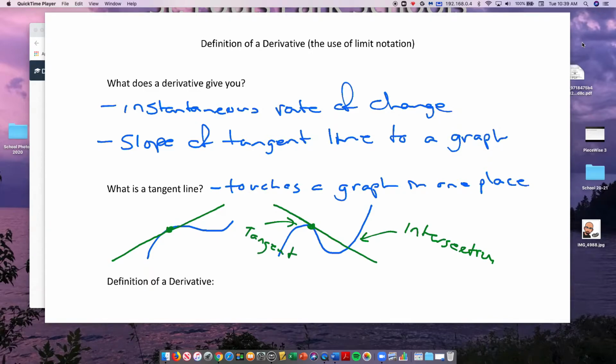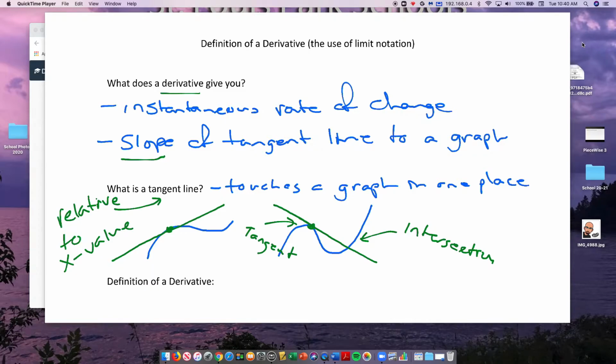So I recognize that when we talk about this idea of tangent, it's relative to some specific x value. Okay, so keep in mind that a tangent line may cross later on, but we're really talking about at a specific x value. And the derivative just gives you the slope of it.